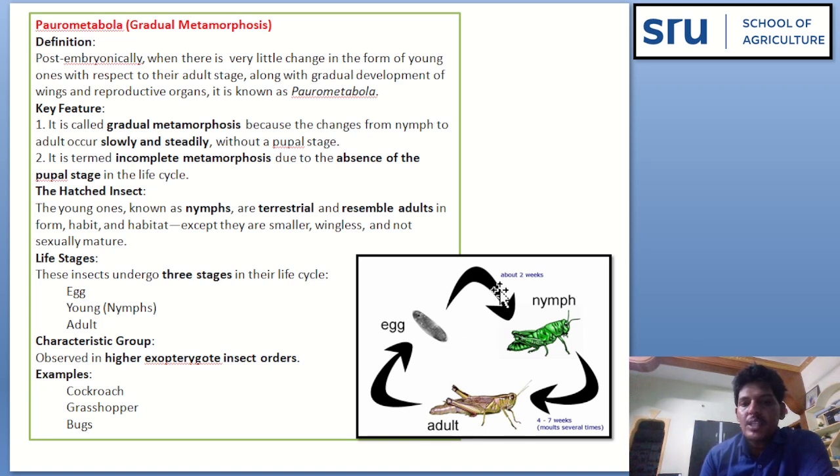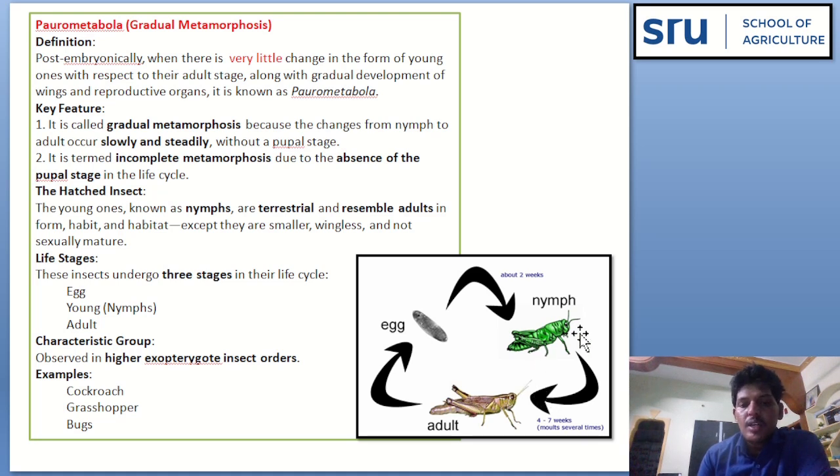Post-embryonically, when there is very little change in the form of the young one with respect to their adult stage, along with the gradual development of wings and reproductive organs, such type of development is known as paurometabola or gradual metamorphosis.